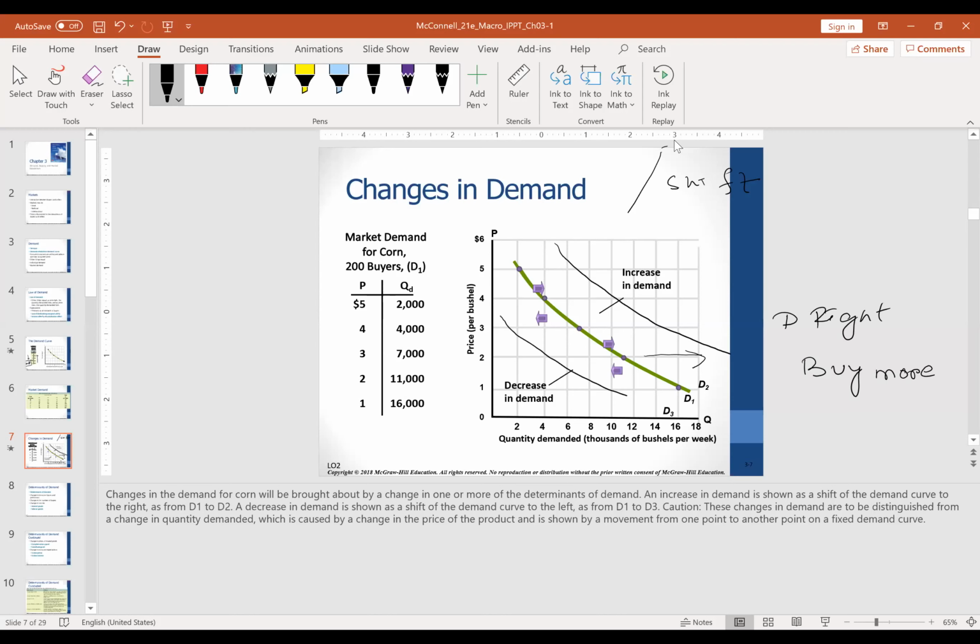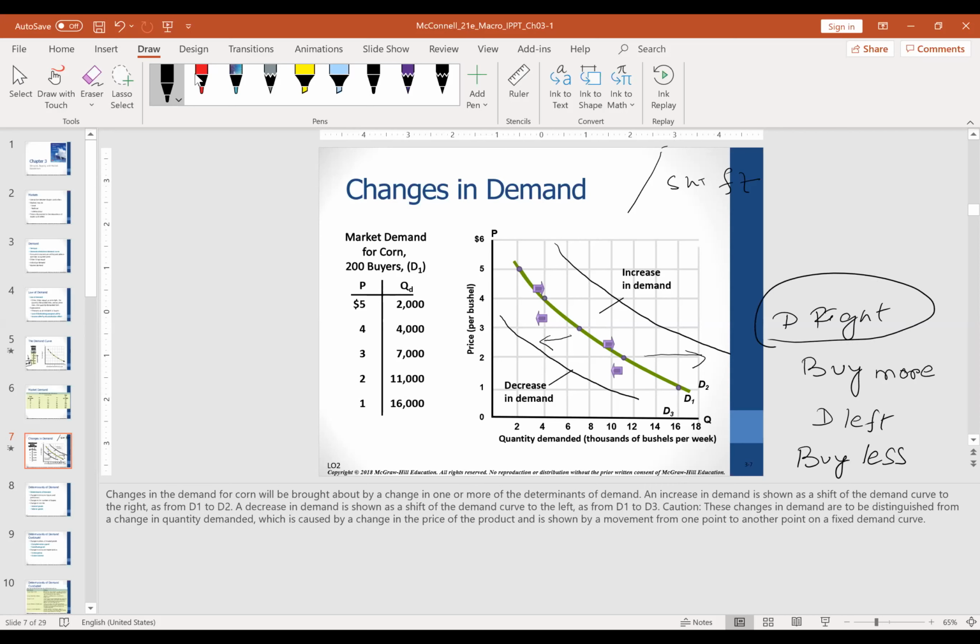Then we can also have the demand curve shifting to the left. When the demand curve shifts to the left, we would say we are going to buy less of this good. And the word I'm going to use here is when demand curve shifts to the right.